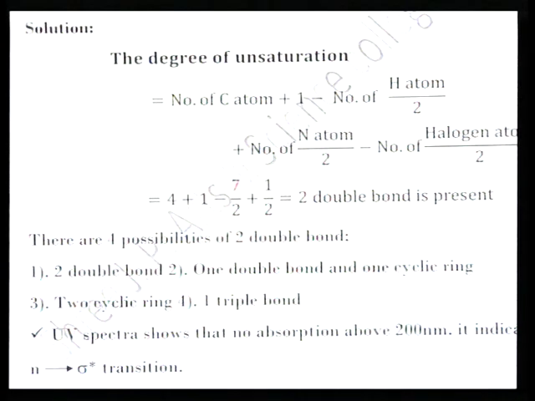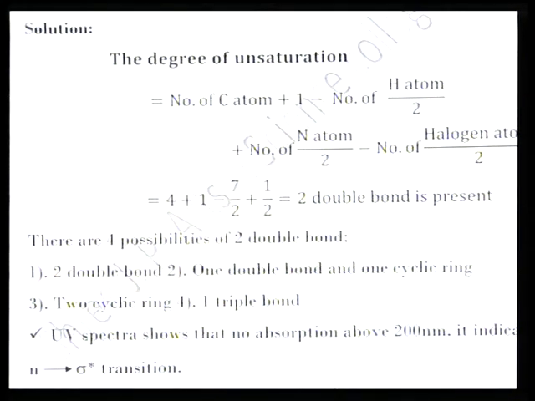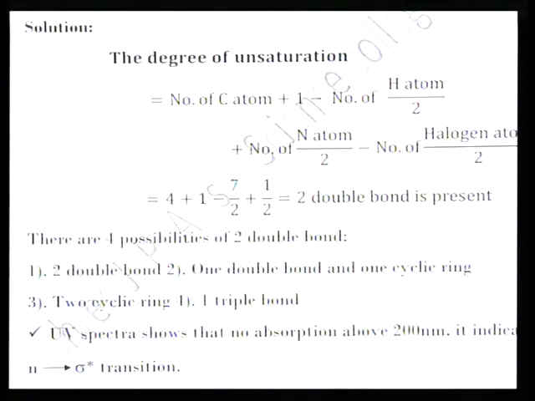If a nitro group is there, 2 bands appear between 1300 and 1500. If a nitrile group is there, C triple bond N stretching appears around 2200 centimeter inverse. The band given at 2273 centimeter inverse indicates C triple bond N stretching. No N-H stretching and no N-O stretching bands are given.